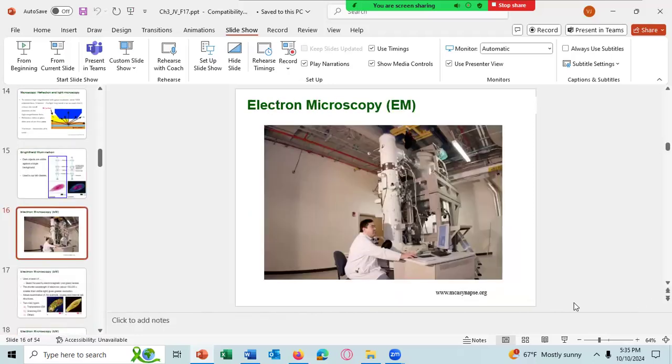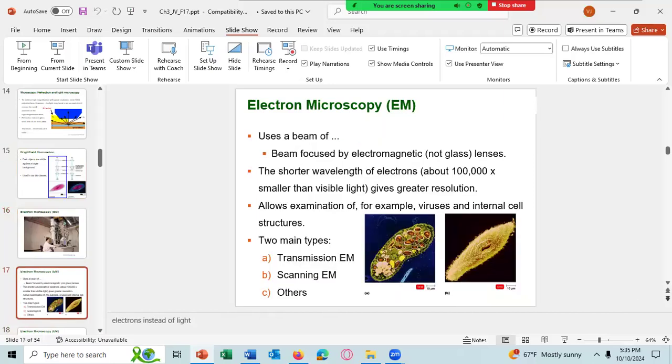Here we're looking at the electron microscope, and you can see it's much bigger than a light microscope. An electron microscope uses a beam of electrons instead of light to see the specimen. The beams of electrons are not focused by a glass lens. They are focused by an electromagnetic lens. And what they're doing is using the electromagnetic lens to bend the electrons so that you can see the specimen.